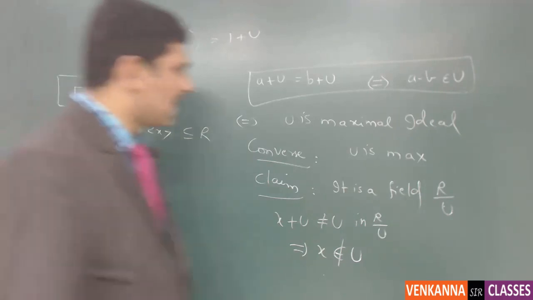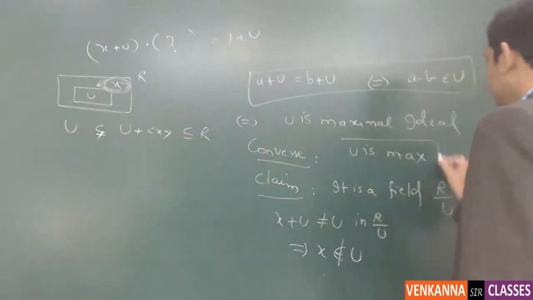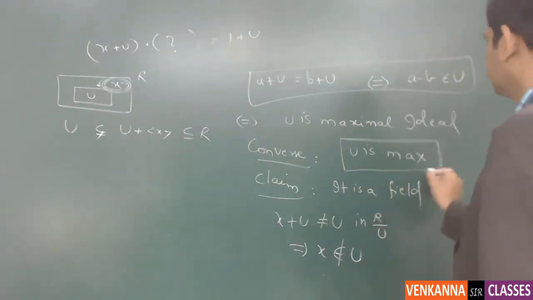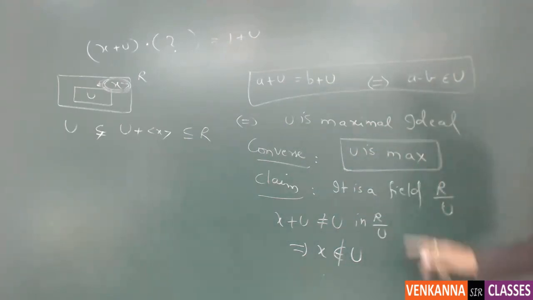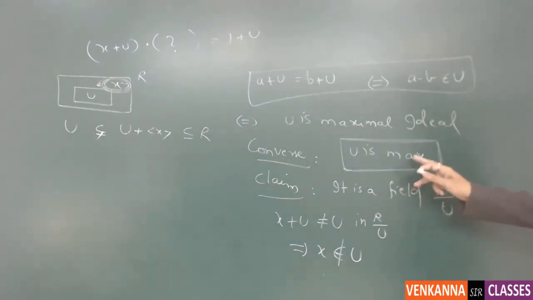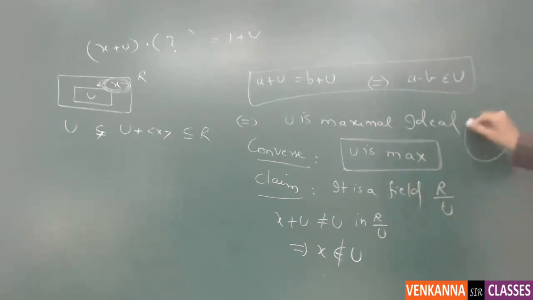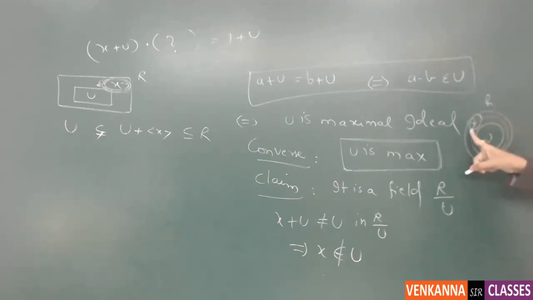So as per our assumption, U is a maximal ideal. So what does it mean? Whenever you have a maximal ideal, you cannot get an ideal between these two. This type of situation will not happen.